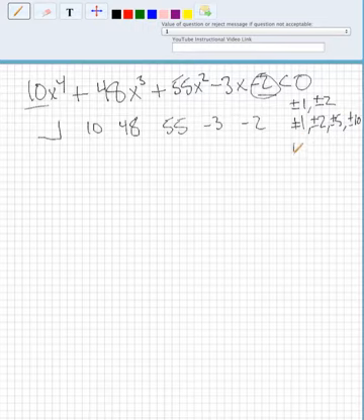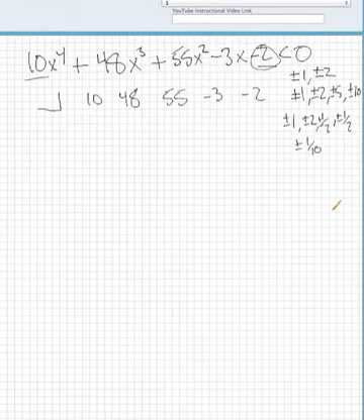So it's like 1 over 1, which is just 1, so we have plus or minus 1, plus or minus 2, plus or minus 1/2, plus or minus 1/5, plus or minus 1/10. So we can continue on down the line that way. I think that's it. Everything else kind of reduces down to those 6 or 5 things.